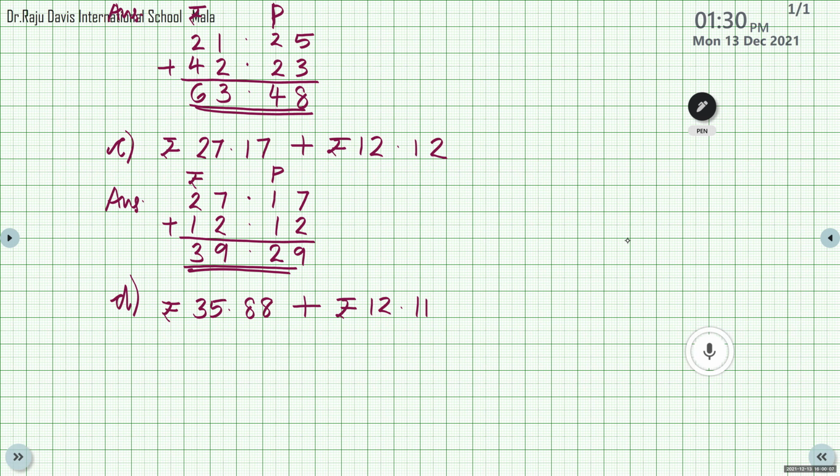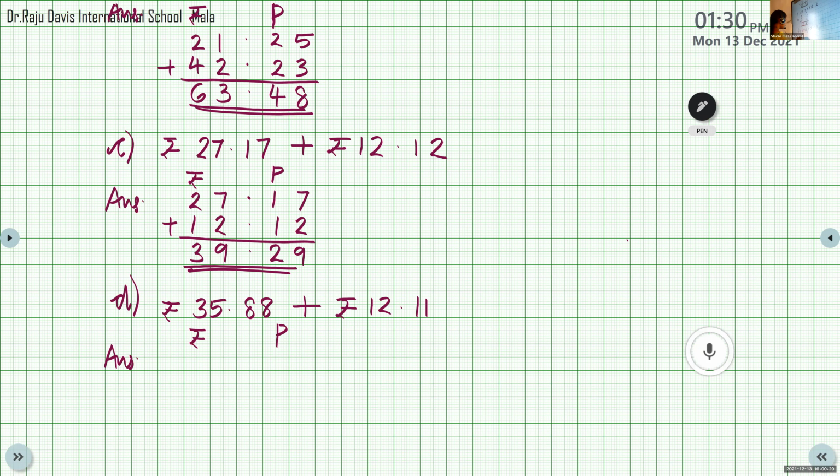Ma'am, what is the E question? Question I will tell. So let's complete this answer here. Ma'am, the answer is 47.99 rupees paise.